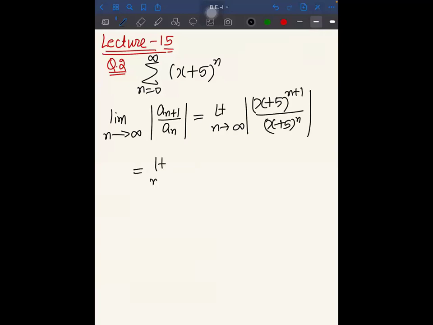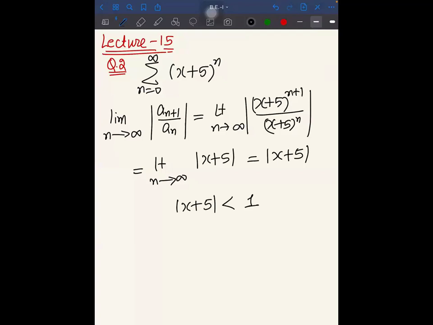So this becomes limit n tends to infinity of mod x plus 5. Now this is free from n. So now we know that the series will be convergent when mod x plus 5 is less than 1. So you know that the radius of convergence is 1.